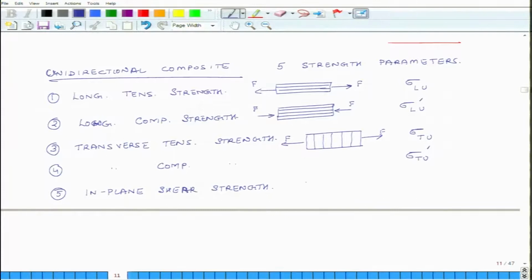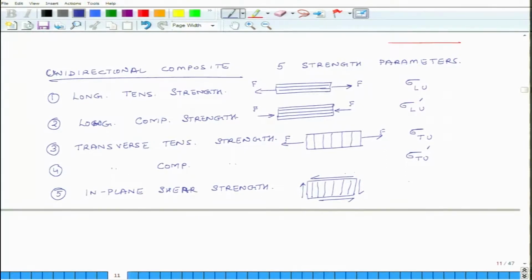So, here you take a block of material and you apply some shear stresses to it, like this. And how are the fibers aligned? You can align fibers like this, or they can be in the L direction, it does not matter because it is symmetric.